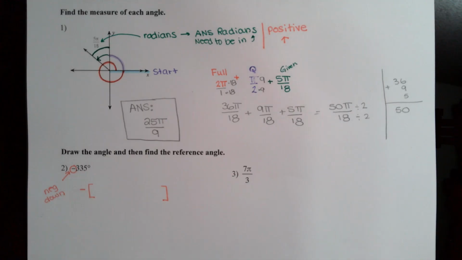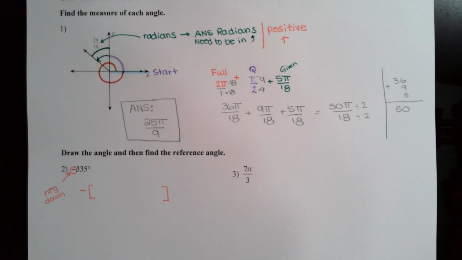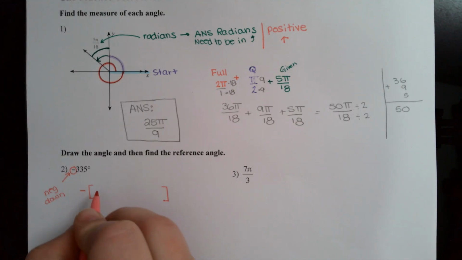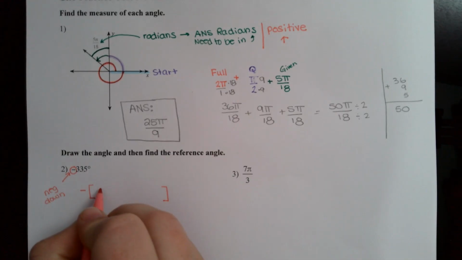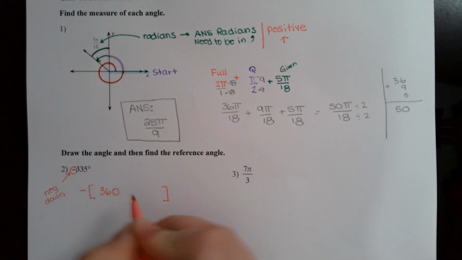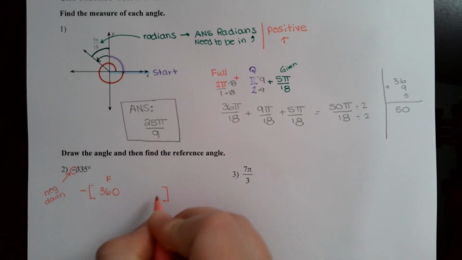And notice that this 335 is really close to 360. We can do kind of like an overshoot of that if you wanted to, and then backtrack that 25 degrees. So I'll show you two options. We can go 360, which is too much. This is a full cycle.